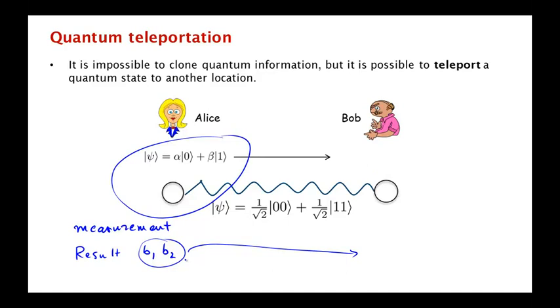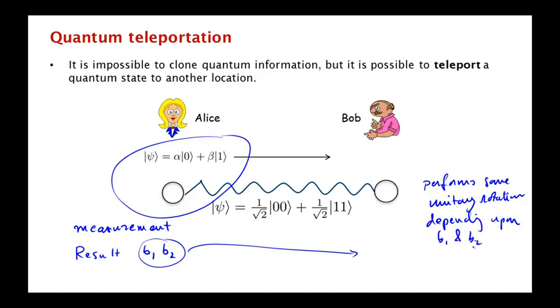And lo and behold, after he performs some unitary rotation, a simple unitary rotation depending upon B1 and B2, magically this qubit gets transformed to being in the state alpha 0 plus beta 1. So this quantum state, which got destroyed at Alice's end, suddenly reappears on Bob's end.